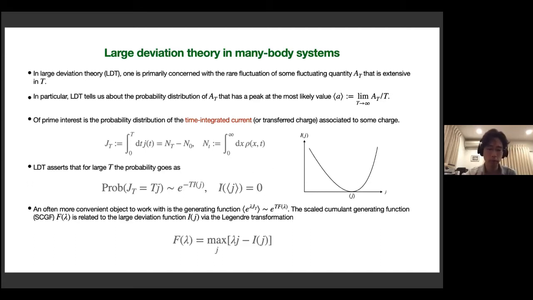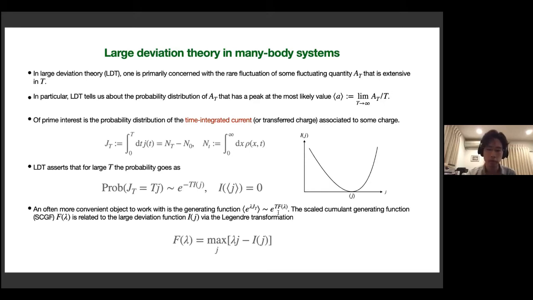So this probability distribution basically encodes all the statistics of transport, but in practice, it's not that easy to work with this probability distribution directly, but rather it's often easier to work with the thing called generating function, which is defined in this way.